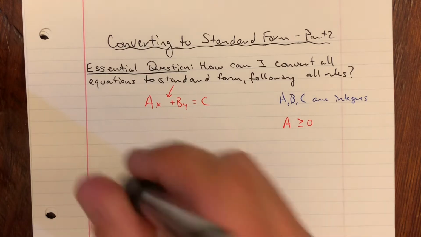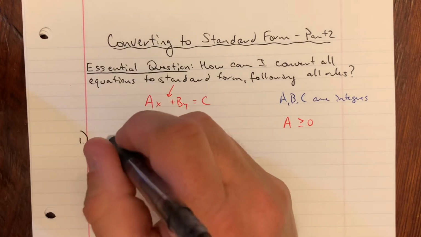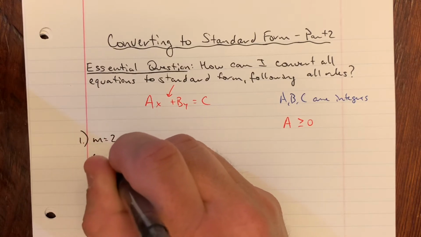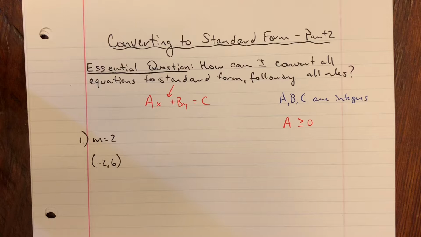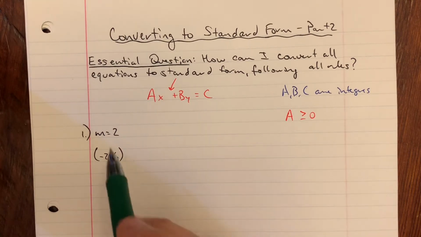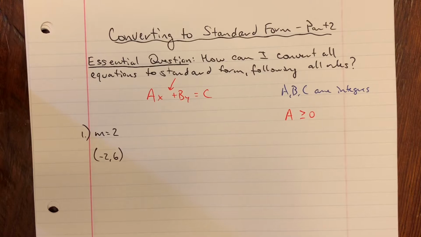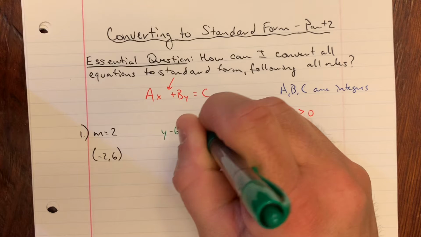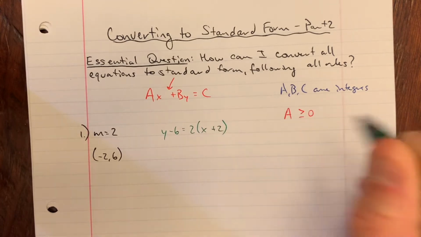So example 1. Our slope is 2. Our point is -2, 6. So we're going to go through the same process that we have the entire week. Take this information and put it in point slope form. So this becomes y minus 6 equals 2 times x plus 2.